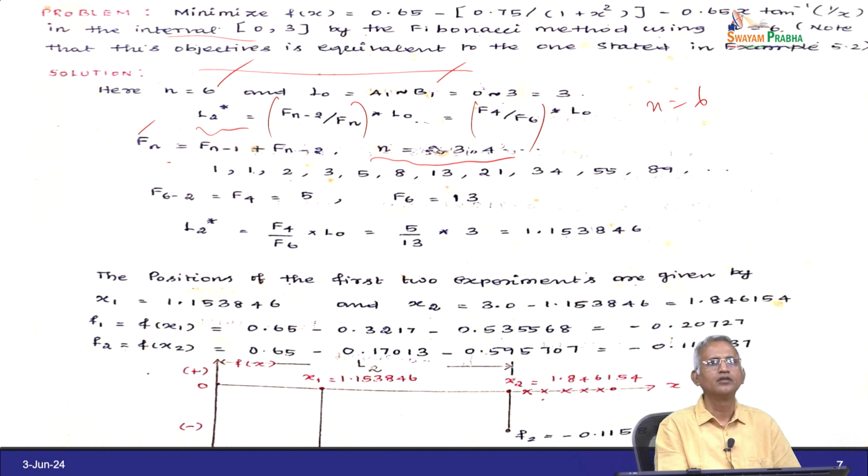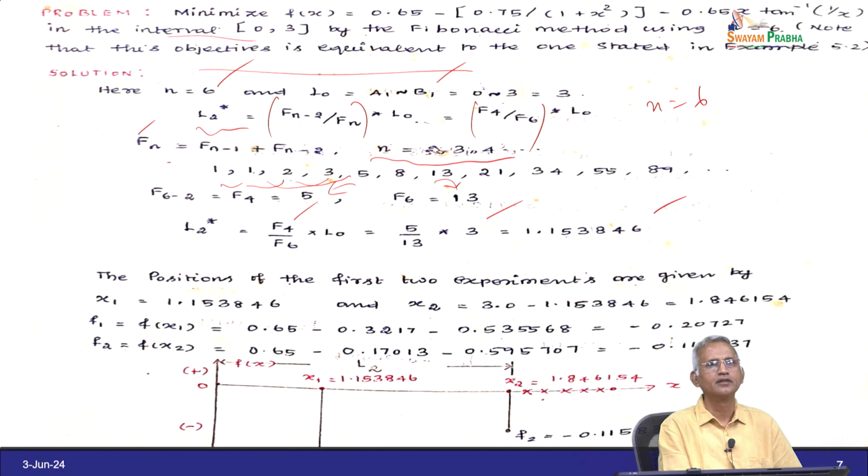Start with 1, 1, 1 plus 1 is 2, 1 plus 2 is 3, 2 plus 3 is 5, and go on like that. Therefore F4 is 5, F5 is 8 and F6 is 13. Now, F4 by F6 into L naught equals 5 by 13 into 3, which is 1.153846.